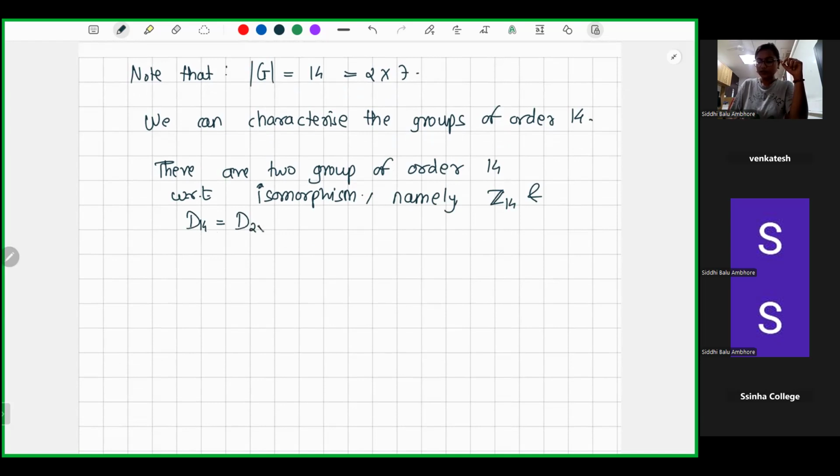So D14 is D2 into 7. This is the dihedral group which we studied extensively last week.